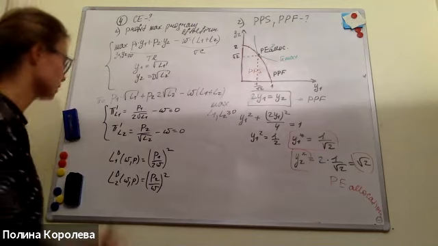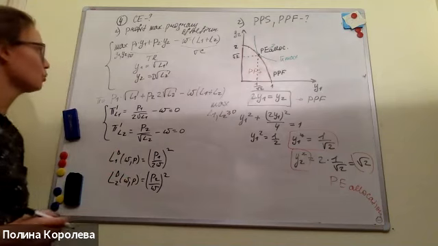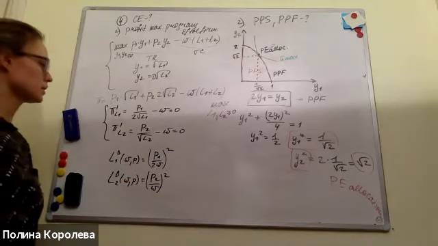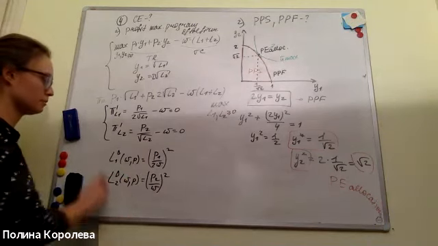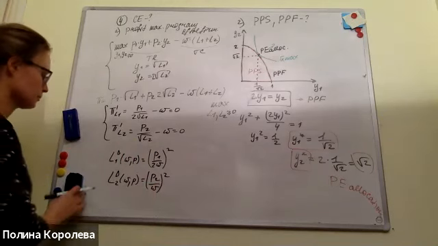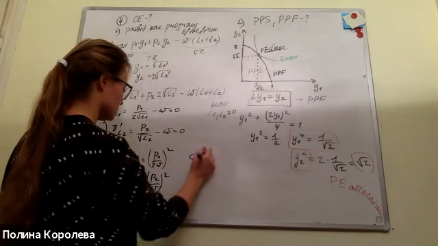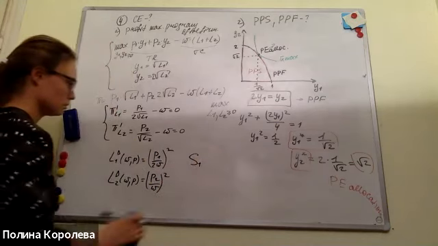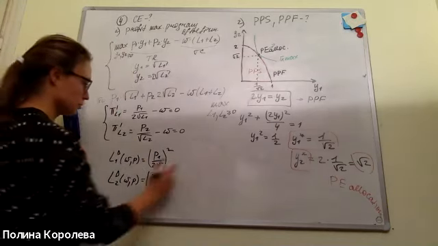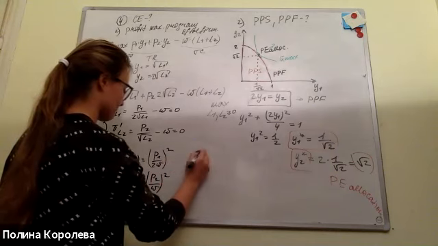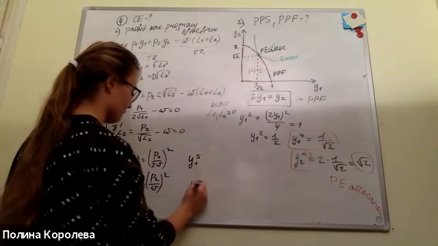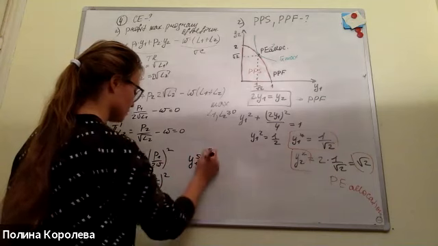So also we should find the supply. How will we find the supply of the first good and the second good? From here. So also we'll have supply of the first good and the second good.